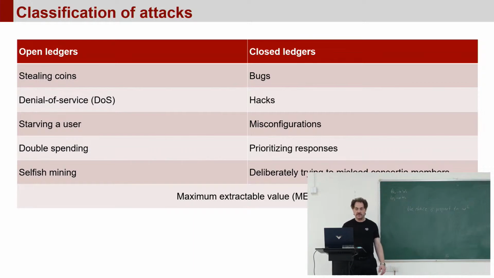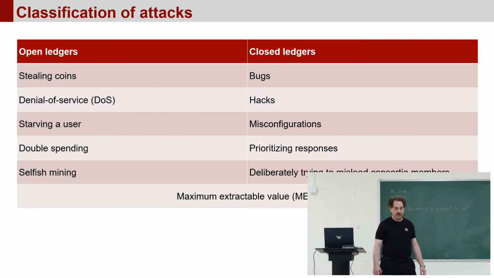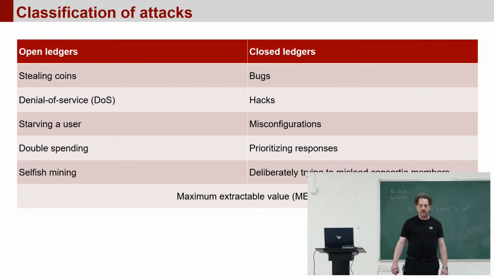Denial of service attacks. In open ledgers, denial of service attacks can be run from within. So a node on the open network can launch a denial of service attack. While in closed ledgers, there are usually core nodes constituting the network and running the ledger, while there are external clients.